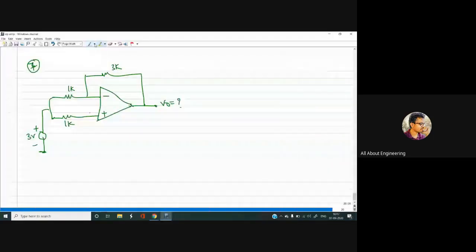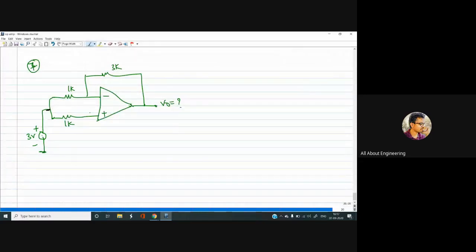Okay, no problem. One thing is very clear from here. This is a 3-volt source, or you can make it 2 volts, that's your wish. Now the current through this node is zero, meaning the drop across this resistance is zero, meaning the same 3 volts will appear at this point. Now from the concept of virtual short, the same 3 volts will appear at this point.